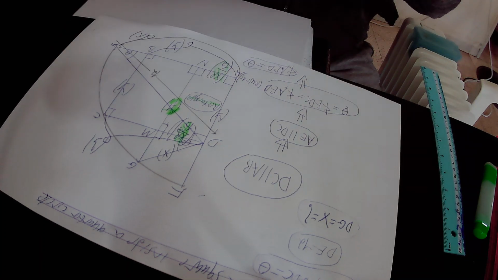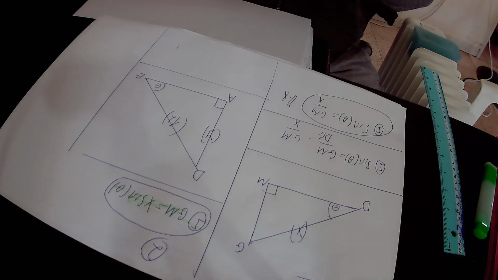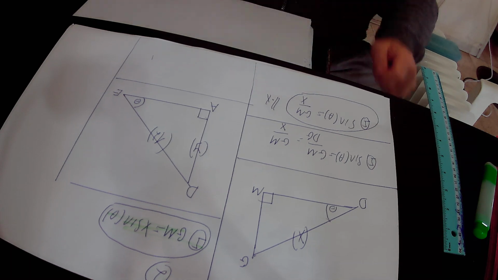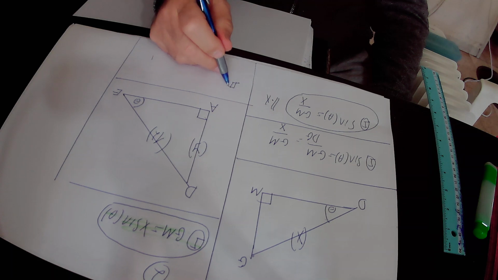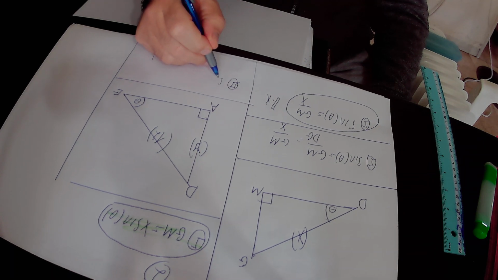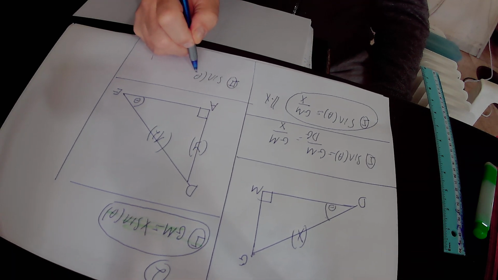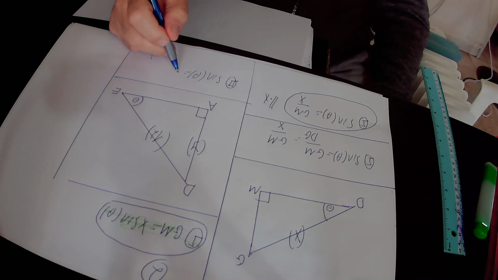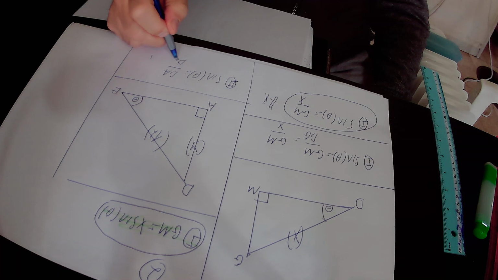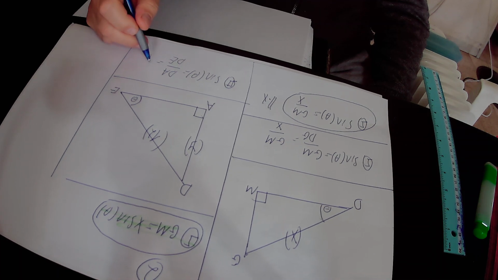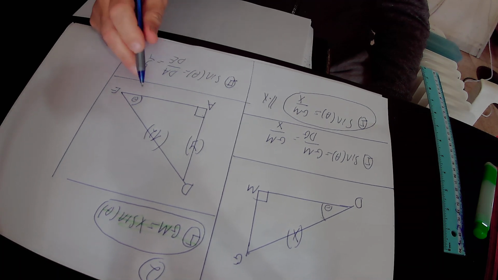So actually, this is right triangle ADE. This is coming from the original drawing. In this right triangle ADE, it is very easy to see that sine theta equals DA over DE. So sine theta equals DA, that is y, over DE, that is 12.